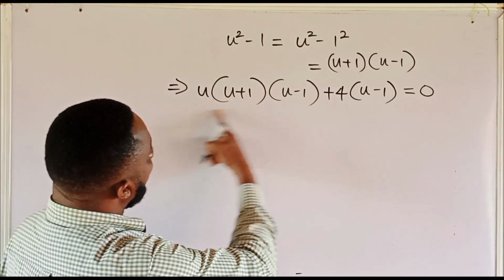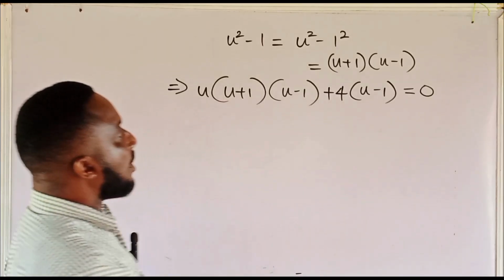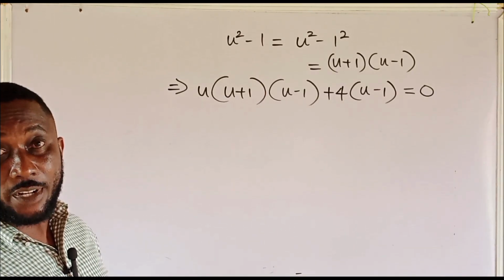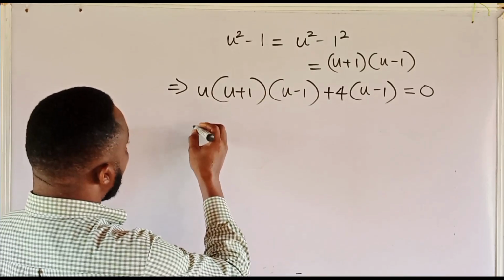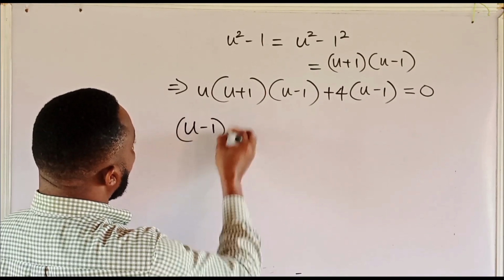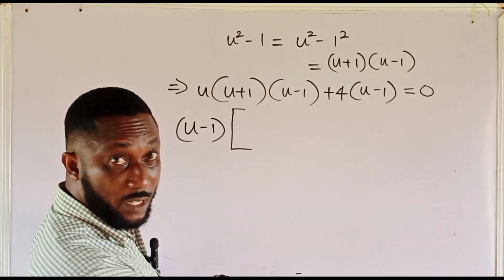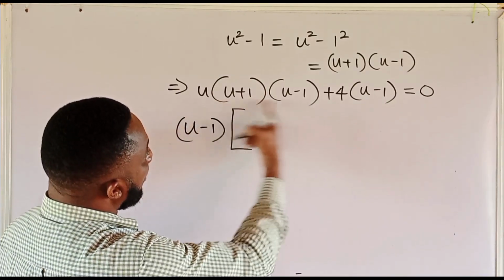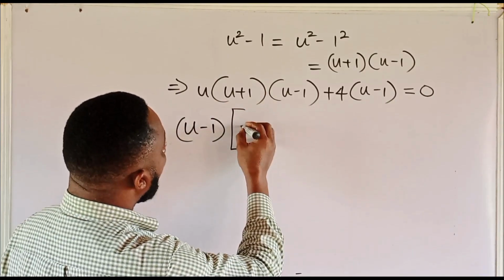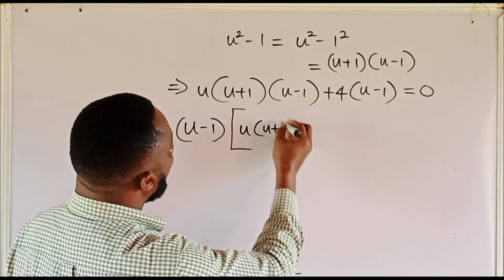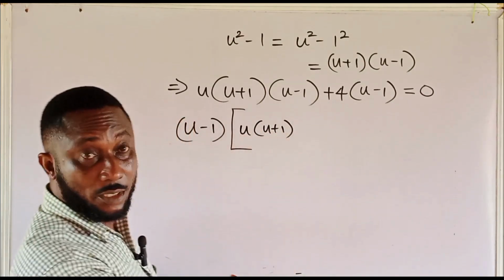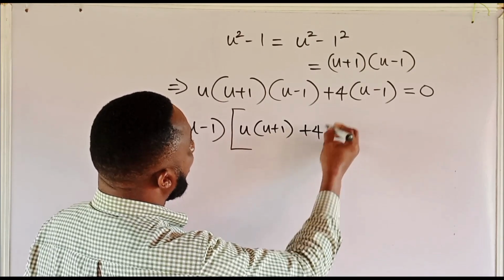So these three guys and these two guys, they have u minus 1 in common. So we can factor it out. If I factor out u minus 1, I'll open a bracket. u minus 1 divides into these three guys, then we have u multiply u plus 1 left. u minus 1 divides into these two guys, we are going to be having 4 left.